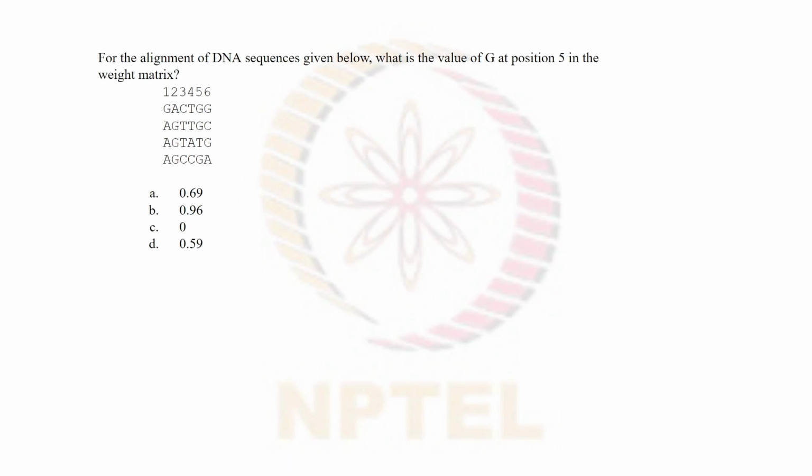What is the probability of G? In the case of DNA, 0.25 is correct, that is 1 out of 4, that is 1 by 4. In the case of proteins, it's not 0.5, it is 0.05, that is 1 divided by 20.